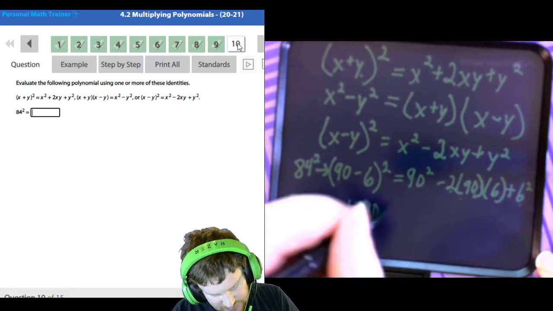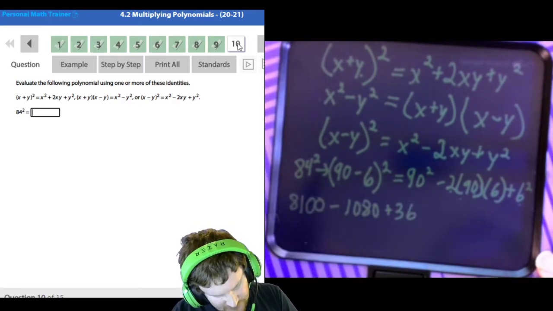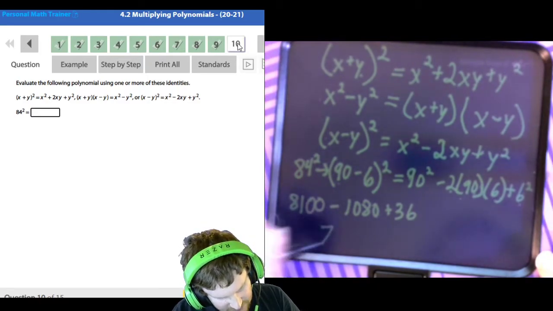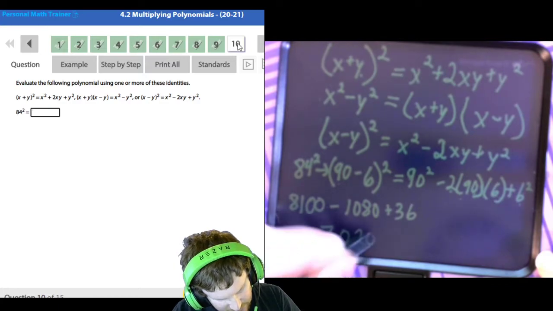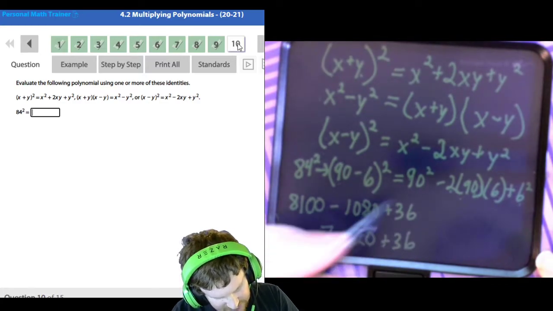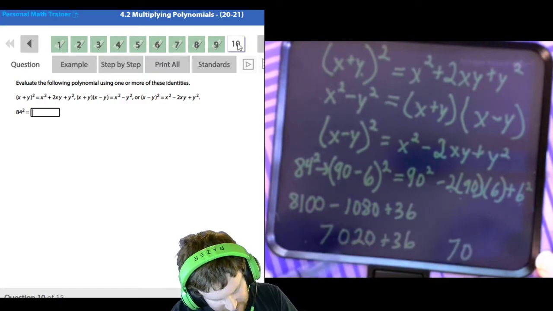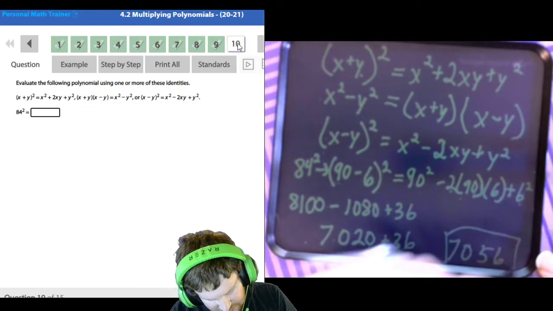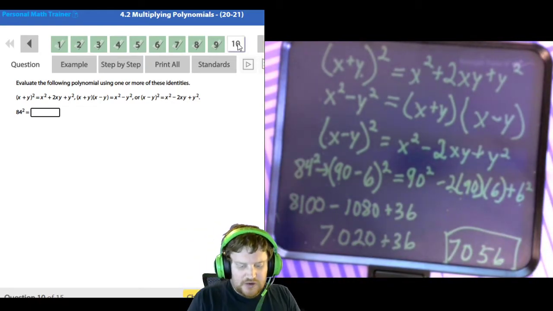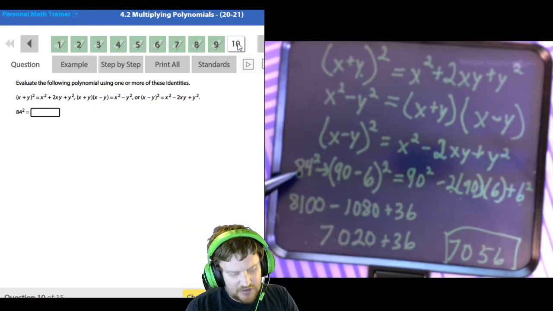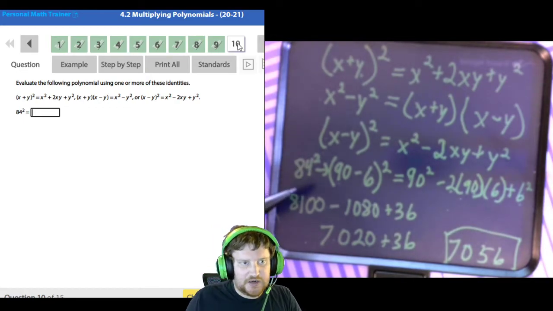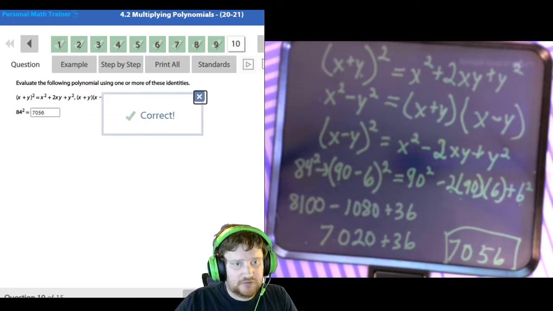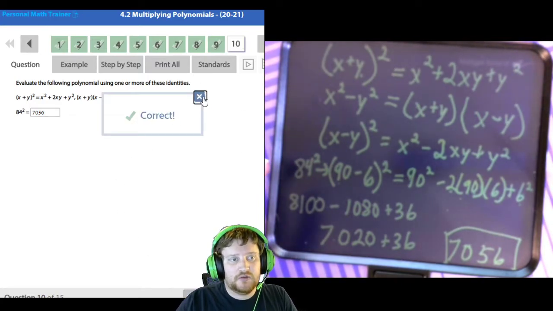And then 6 squared is just 36. So 8 minus 1 is 7. So that's 7020 plus 36 is 7056. So without a calculator, instead of doing 84 times 84, which could take a while, if you can find an easier combination, you can get your 84 squared.